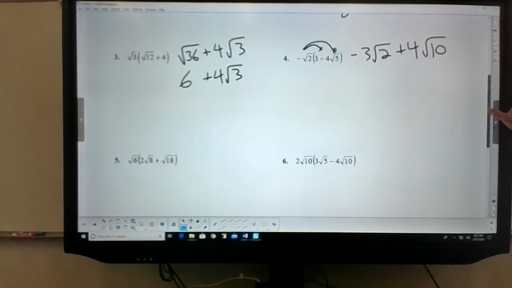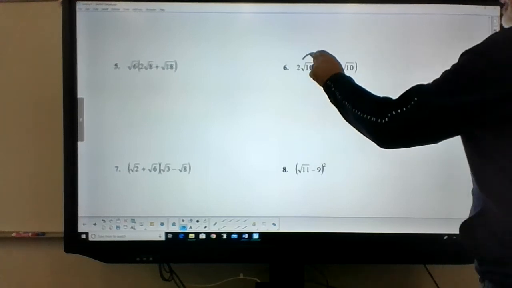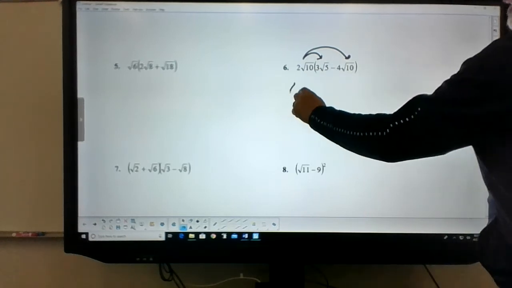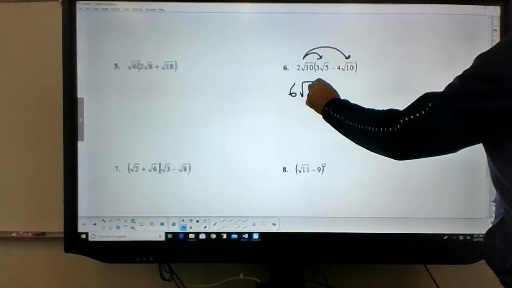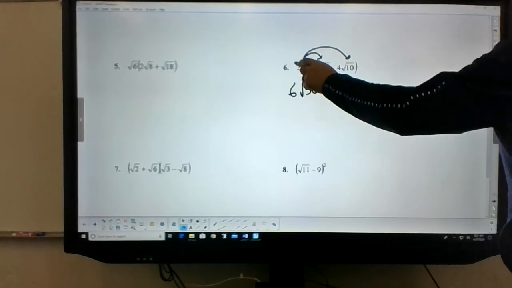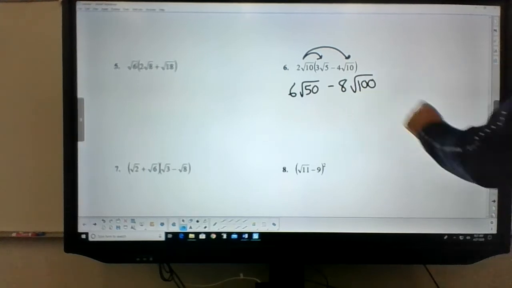Let's skip down. We'll skip 5. Let's go to 6. This one has a little bit more to it. Now we have stuff on the outside and stuff on the inside for all of them. Multiply the outsides. 2 times 3, 6. Multiply the inside. 10 times 5, 50. Minus, on the outside, 8. On the inside, 100.